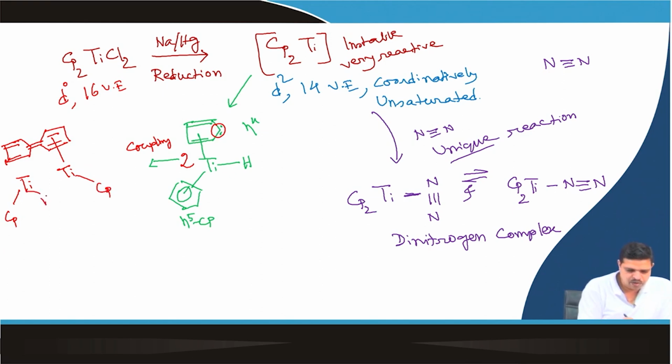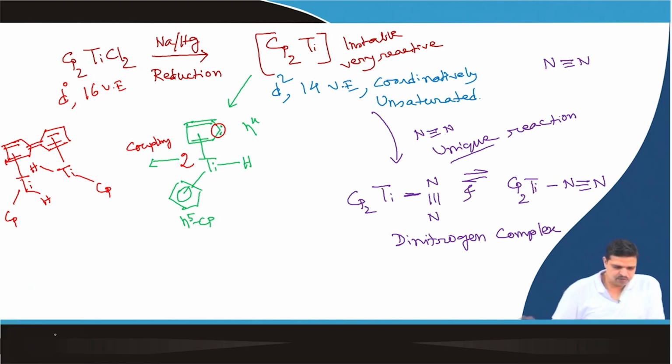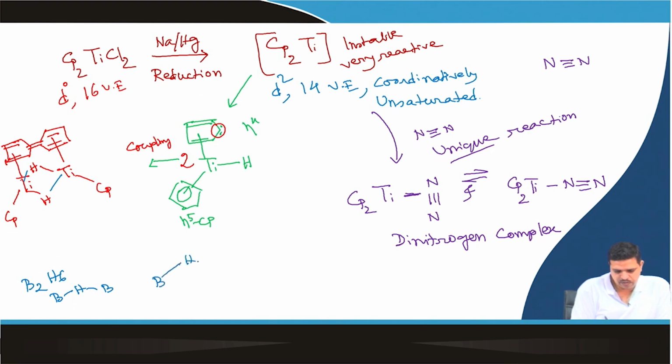So here one hydride and here one hydride, and interestingly it forms the titanium hydrogen bond just like in B2H6. So it forms like this way. We know that B2H6 has the BHB banana bond. So it's like that.